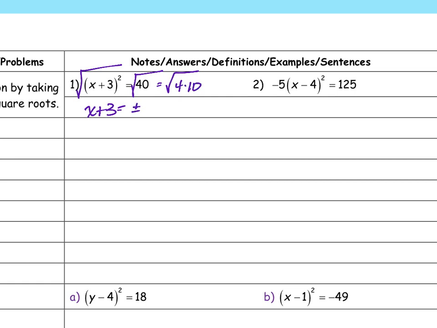So that's plus or minus 2 root 10. And now I'm going to subtract 3 from both sides. So I'm going to get x equals negative 3 plus or minus 2 root 10. Done. Wait, so you square rooted first? Because the square is on the outside of the parenthesis, so I'm going to do that first. Okay, that makes sense.